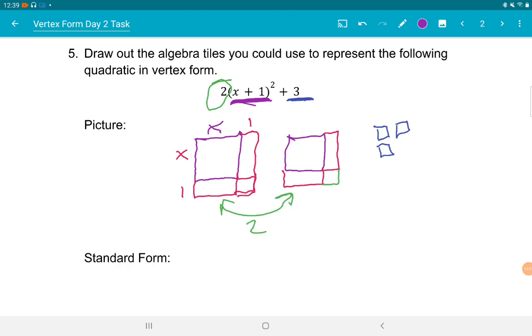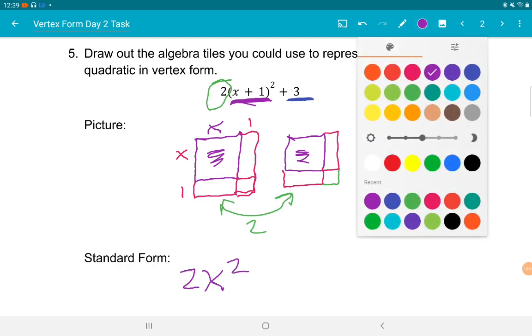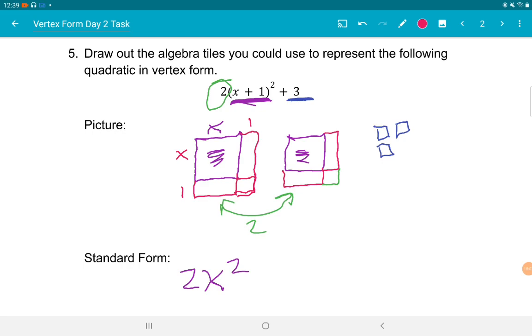So for standard form, I'm going to have an x squared here and x squared here. So it's going to be two x squareds, right? Because I've got two of them. Then how many x's did we have? That was the long skinny ones. Here, here, here, and here. So it would be 4 x's.